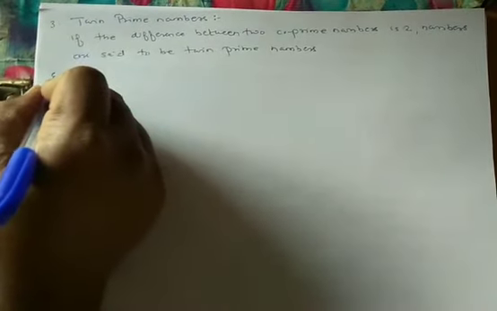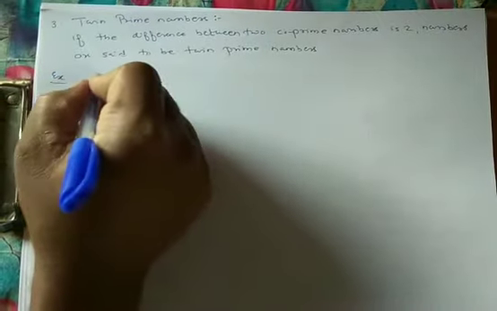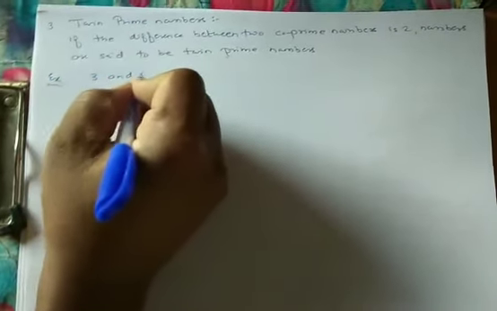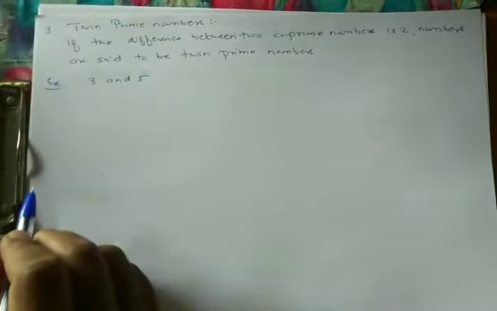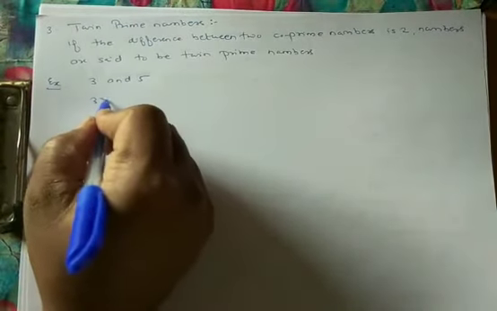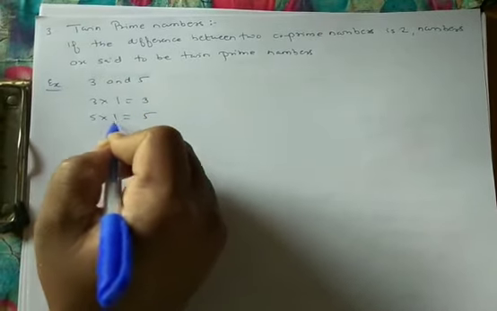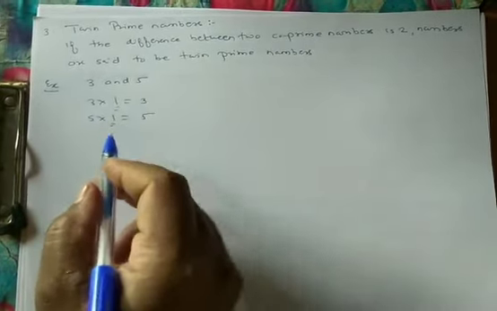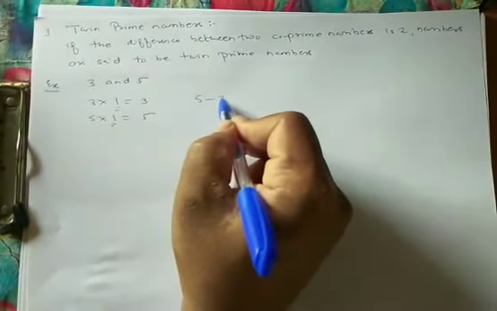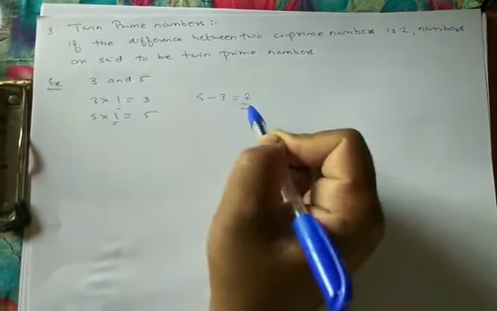For that, let me consider one example, 3 and 5. We already studied that co-prime means only one as a common factor. 3 ones are 3, 5 ones are 5, so only one is a common factor. And if you take the difference between these two numbers, 5 minus 3 is 2.